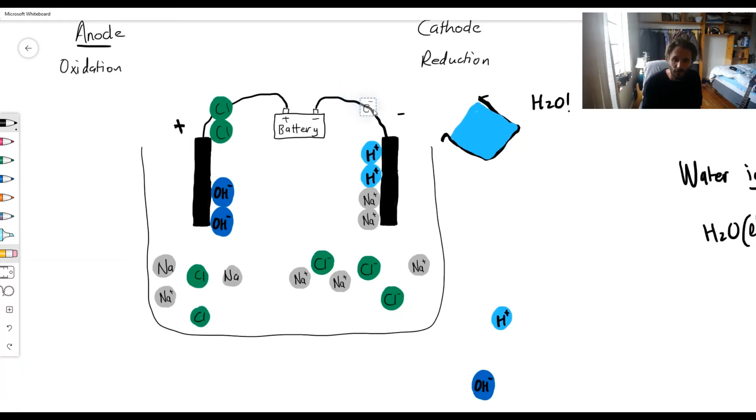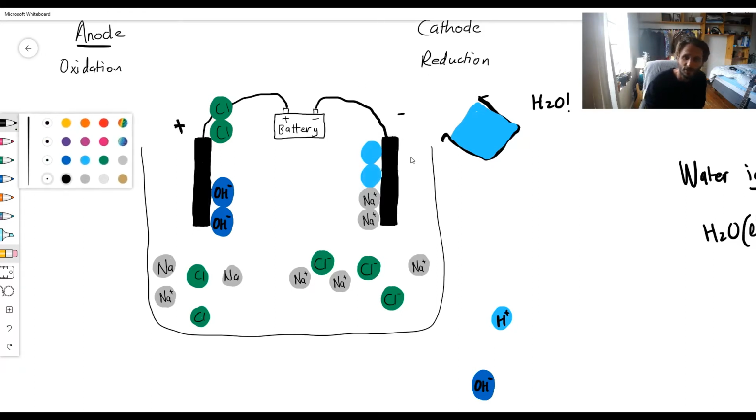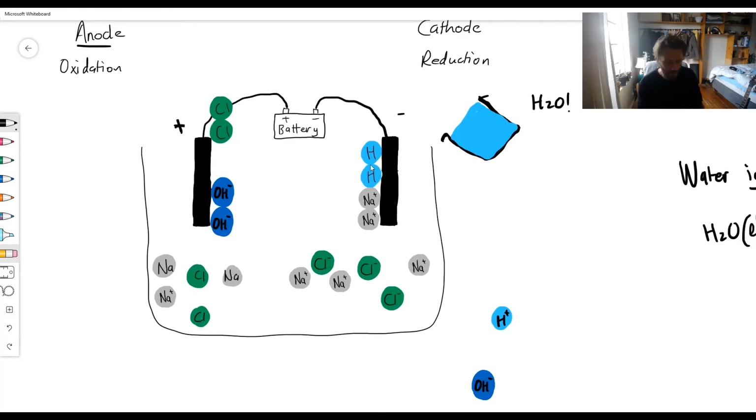Here it goes, down the electrode, and it can actually join up with either of these. But it's easier for the electron to join up over here and over here. So each of these would get an electron. It's much easier to join up to the hydrogen than the sodium. So what in fact happens is those H pluses lose their plus charge because they've gained an electron, and we form hydrogen gas.